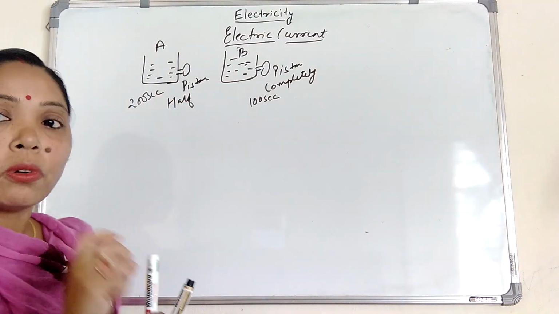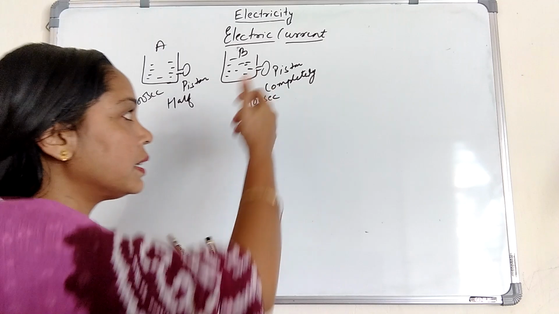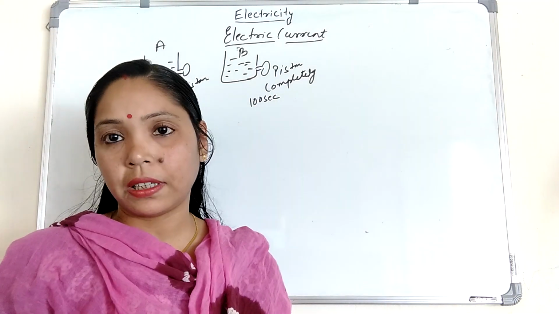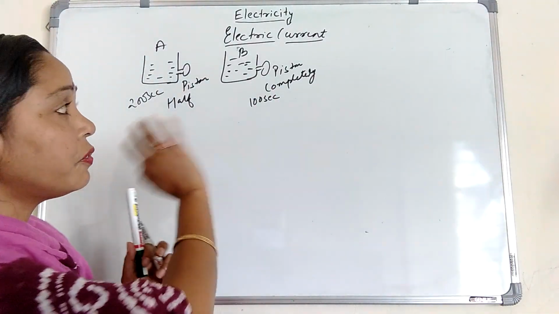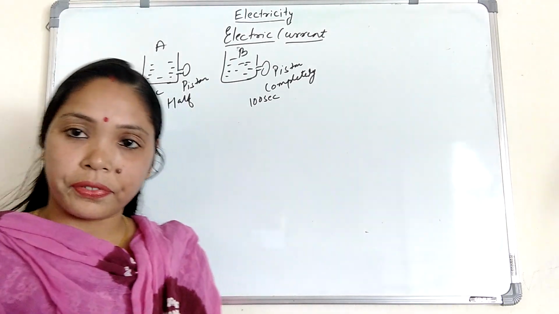In one case, we have opened the piston halfway, and in the other case, we have opened the piston completely. It means the rate of flow in both cases is different.